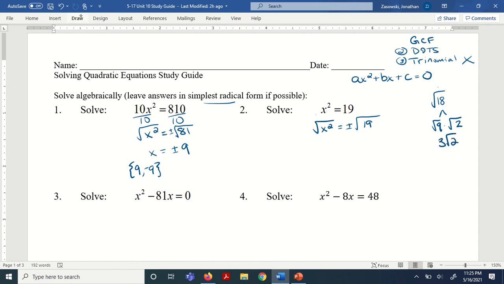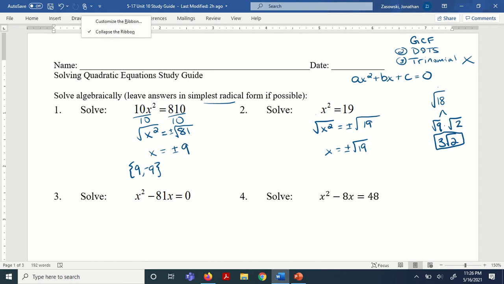So if it was the square root of 18, the simplest radical form would be 3 radical 2. The square root of 19 is prime. 19 is a prime number. Only 1 and itself go into 19, so we just get left with plus or minus the square root of 19. So just a review of simplifying radicals, but if it's already in simplest form, there's no perfect square factors, then we just leave it as is.